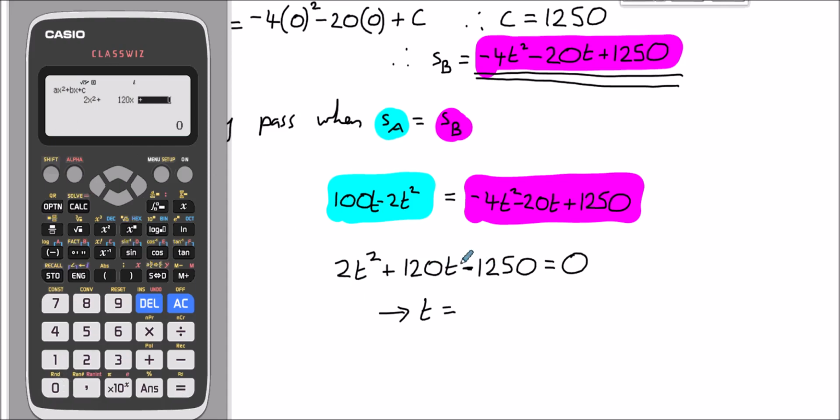And then minus 1250. And again, press equals. So the first value we get is 9.05. But I'm going to give that more accuracy because the actual question wasn't the time when they pass, it's the displacement from A when they pass. So I'm going to give this to more than 3 sig figs. I'm going to say that's 9.0512.